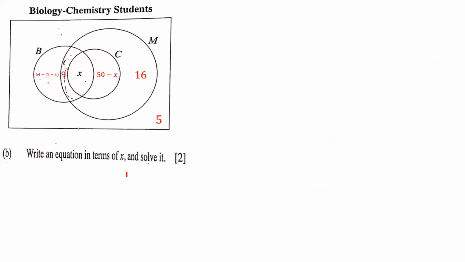Now what they want us to do is write an equation in terms of X and solve it. We know that 64 minus 9 plus x, plus 9 plus x, plus 50 minus x, plus 16, plus 5, all of that equals 105. The reason we know it's 105 is because that's how many students there are.